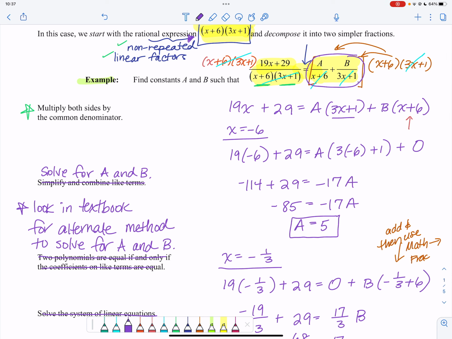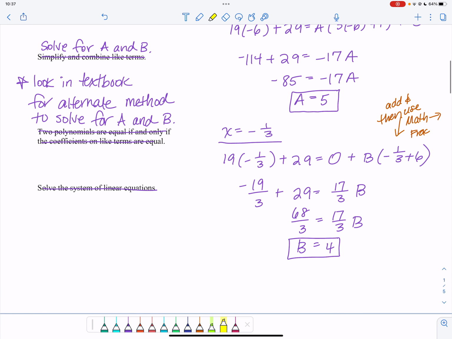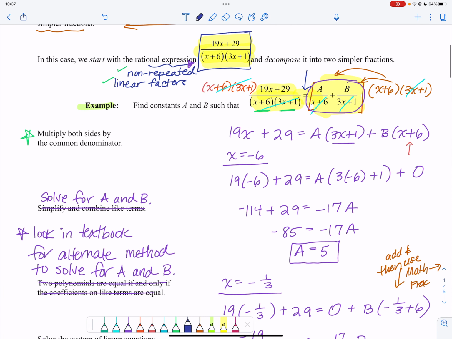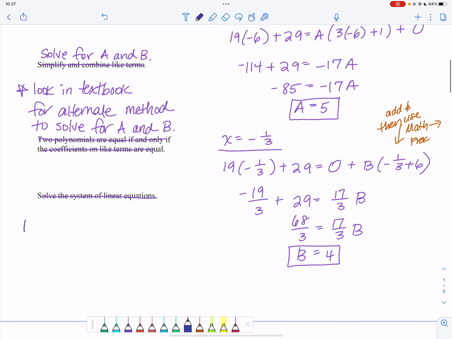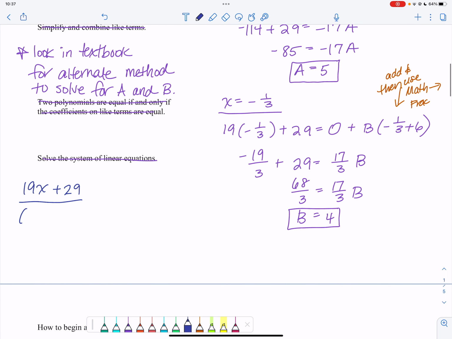So here's what I want to show you. Once you find A and B, you want to use this formula right here to rewrite your rational expression. So we want to say that 19x plus 29, and let's divide these by what we started with, x plus 6 multiplied by 3x plus 1.